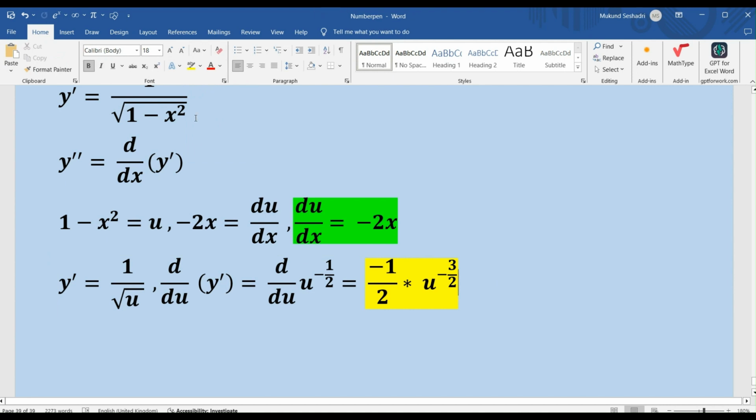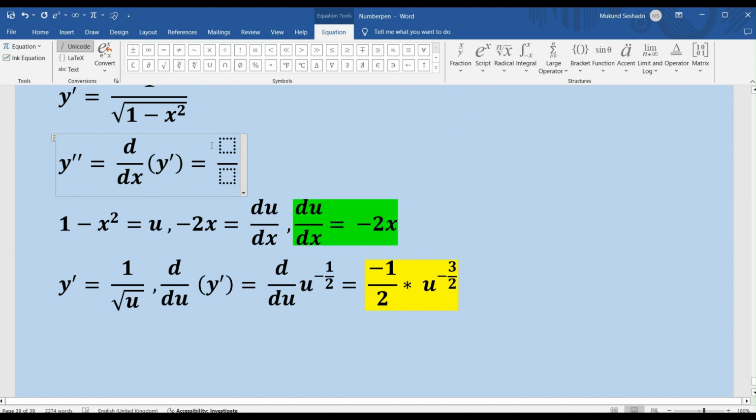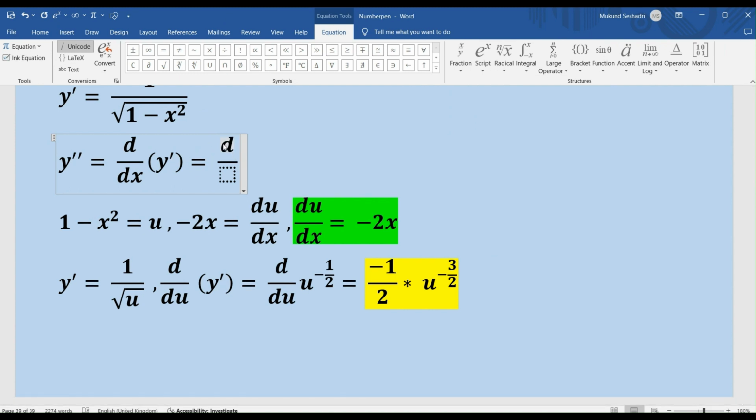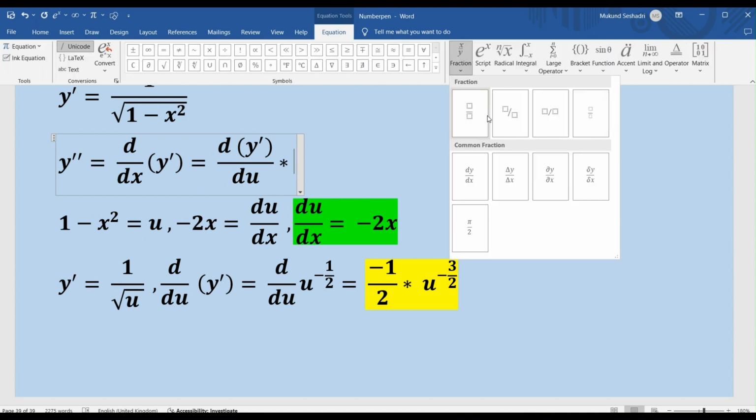Now, what is my d by dx of y dashed? By chain rule, I know that this is nothing but d by du of y dashed into du by dx, right?